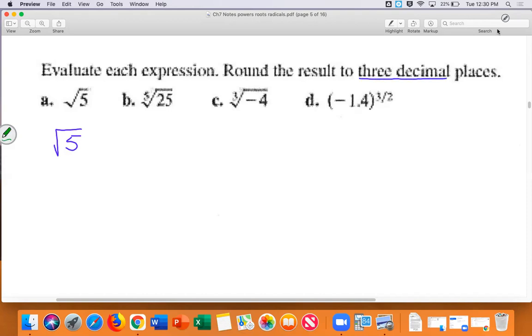Number 2 looks like a 5 to me: the 5th root of 25. C says the cube root of -4. And the last one says -1.4 to the 3/2.